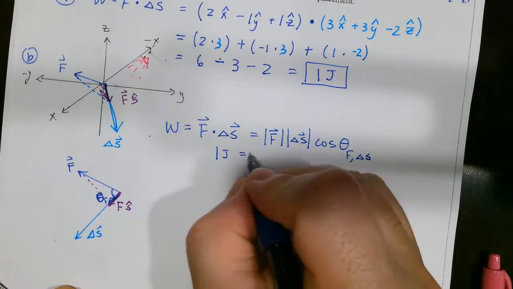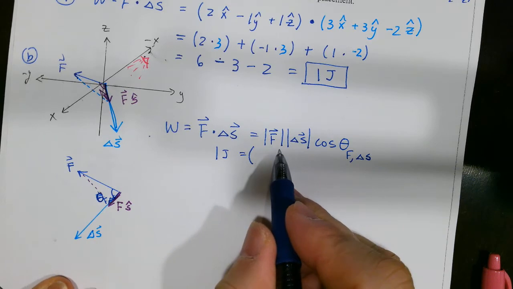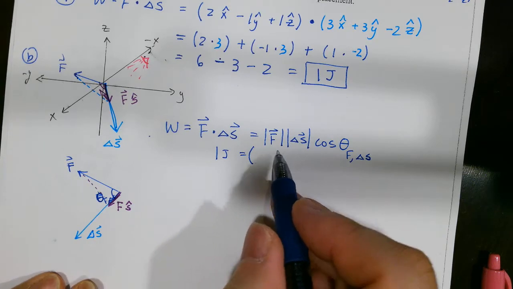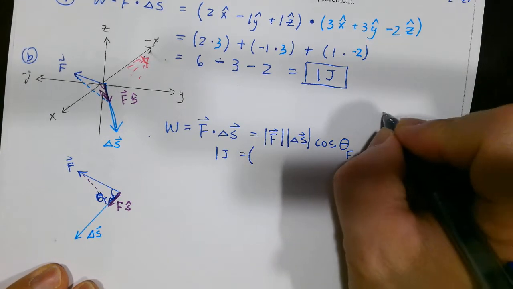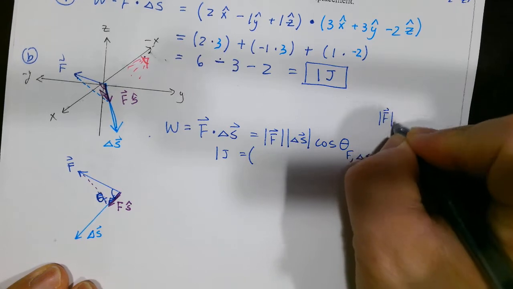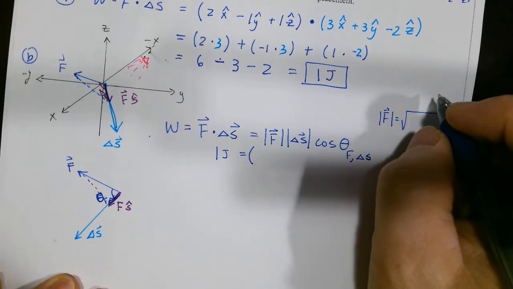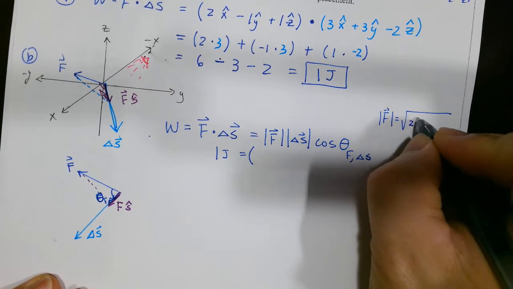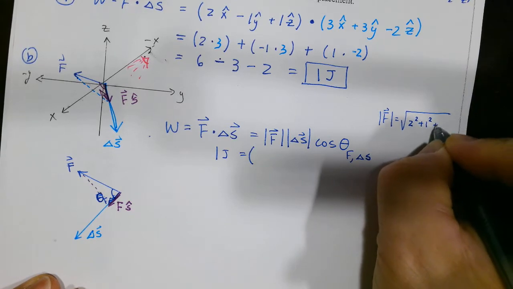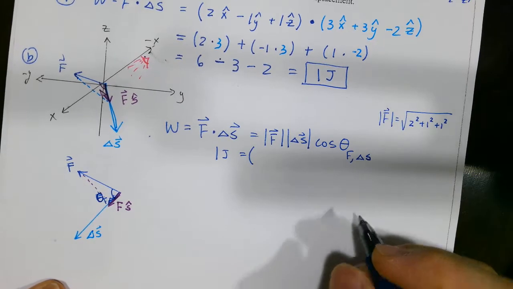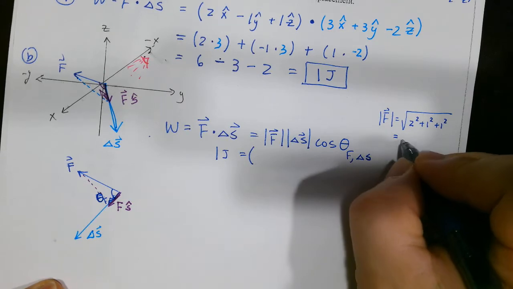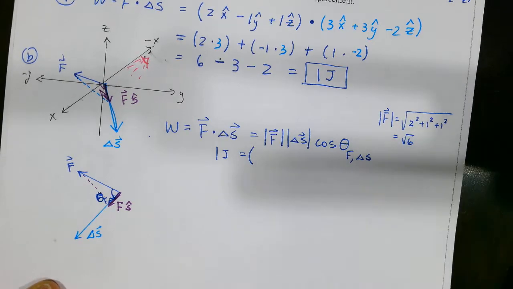And that is equal to, what is the magnitude of my force vector? My magnitude of my force vector is equal to square root of 2 squared plus 1 squared plus 1 squared, which is equal to radical 6.